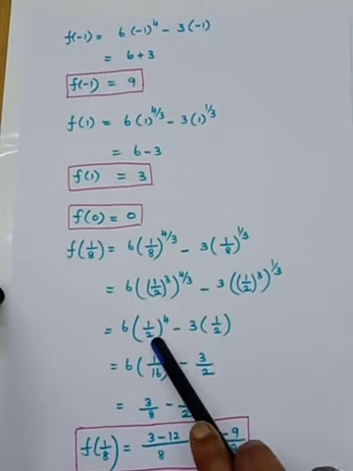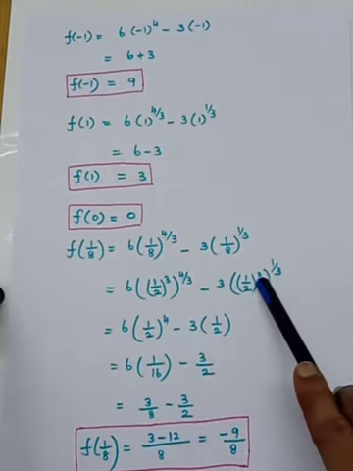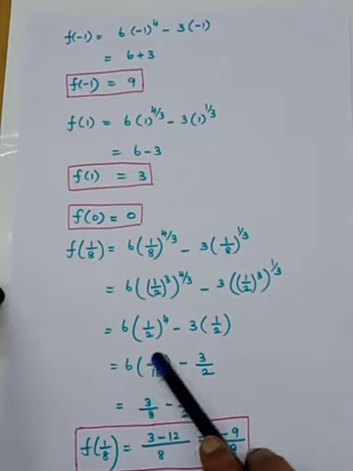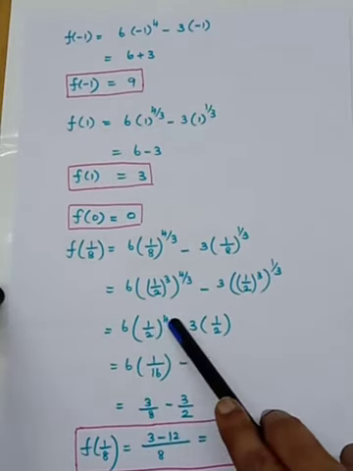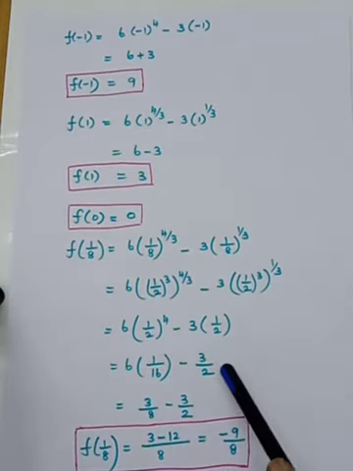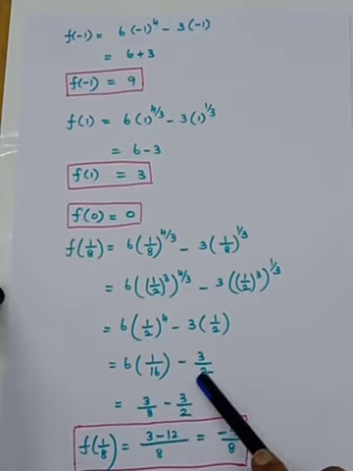So you will have 1 by 2 the whole power 4 minus 3 into, the same way the power gets cancelled, here you will have 1 by 2. So 6 into 1 power 4 is 1, 2 power 4 is 16. Minus 3 into 1 by 2 is 3 by 2.